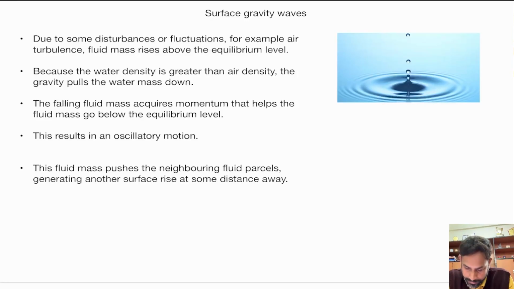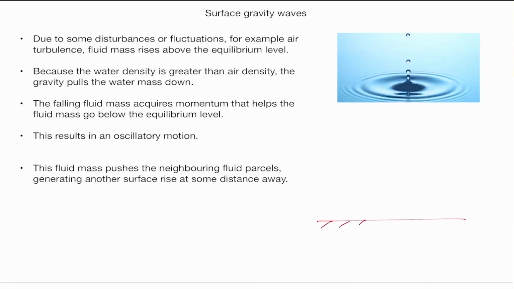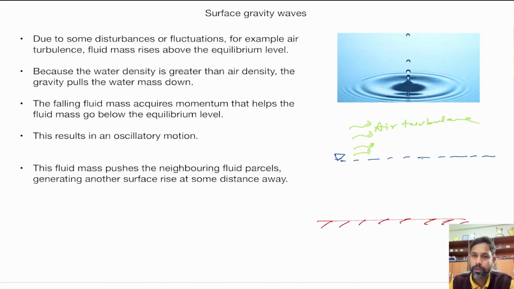So what's happening here? As the text says, due to some disturbance or fluctuation, for example, air turbulence, fluid mass rises above the equilibrium level, right? So let's consider that this is a solid body, solid surface, and we have water level till here, right? And there is air turbulence, right?